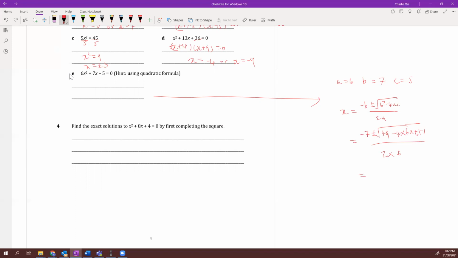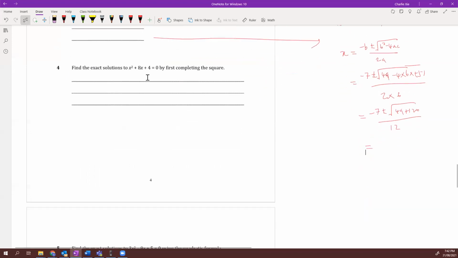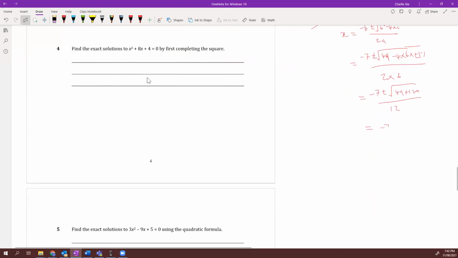Okay, negative 7 plus or minus the square root of 49. Two negatives make a positive, 4 times 5 is 20, 20 times 6 is 120. 2 times 6 on the bottom is 12. Okay, so keep going. Negative 7 plus or minus the square root of 49 plus 120, which is 169, over 12.